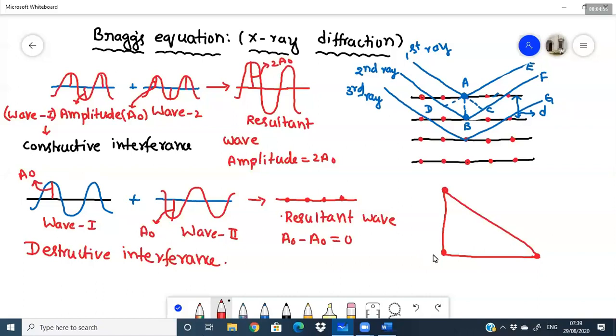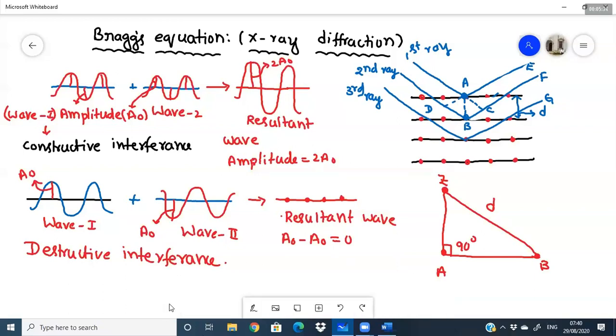A, B, interspacing distance D, and this is the location of an atom Z.